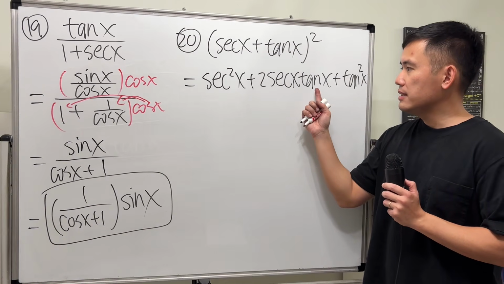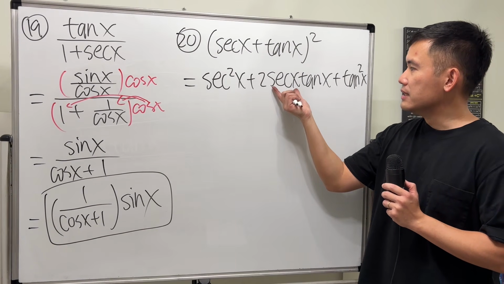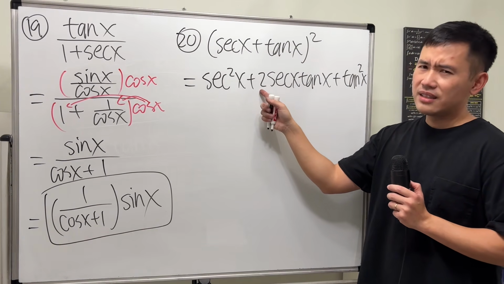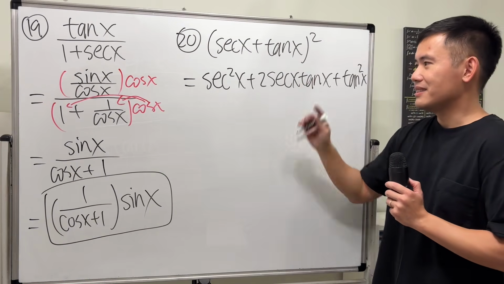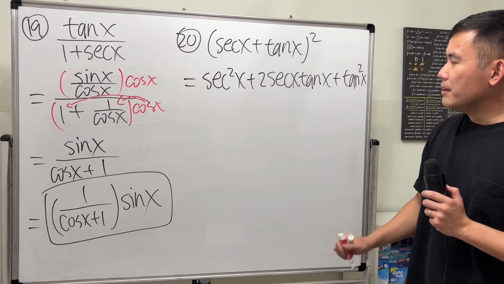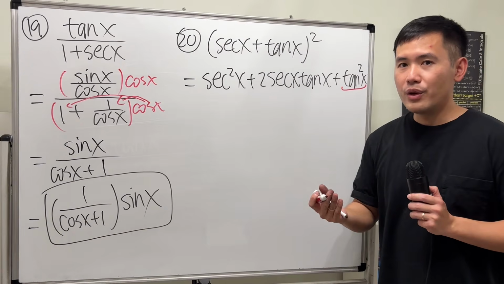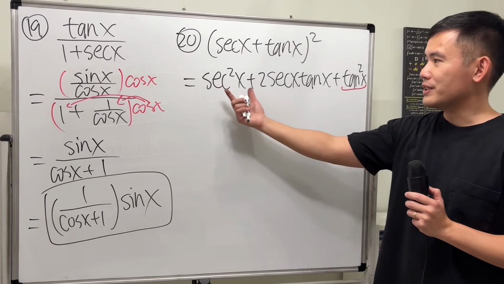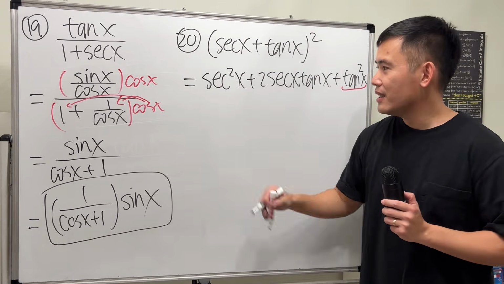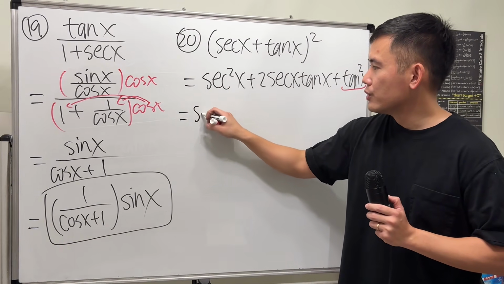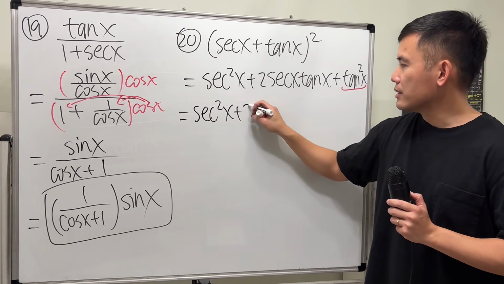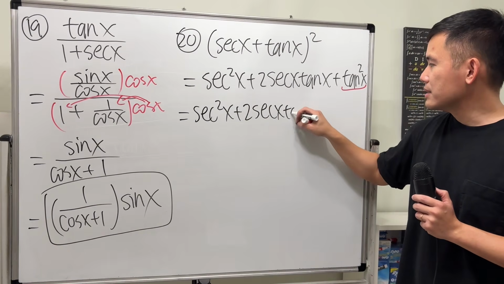Right here, this is integral ready because we have a secant x times tangent x. The constant multiple 2. It's nice, it's not going to hurt us. I'm going to change this in terms of secant square. Why? Because we can integrate secant square. That's integral ready. So I'm going to just write this as secant square x plus 2 secant x times tangent x.